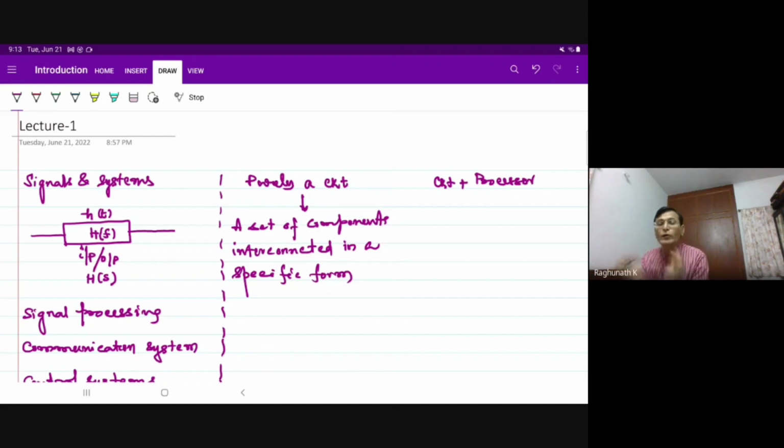Some operations are done by the circuit and some of the remaining operations are performed having converted into digital form. So many complicated operations that are not so easy to implement by using a circuit are implemented in the digital form by writing a program into a processor-based system.